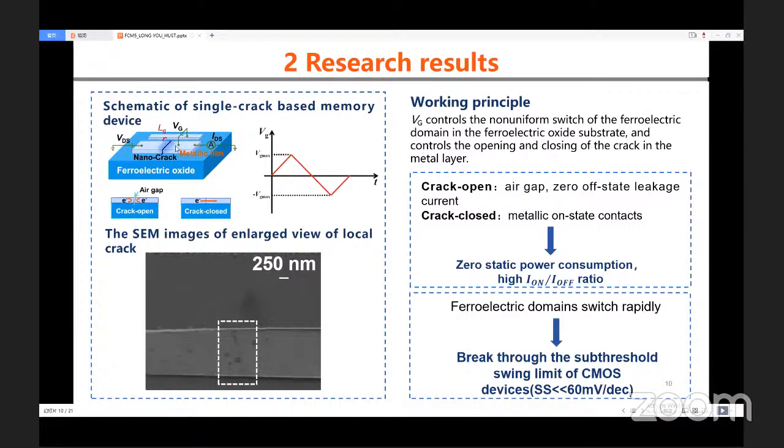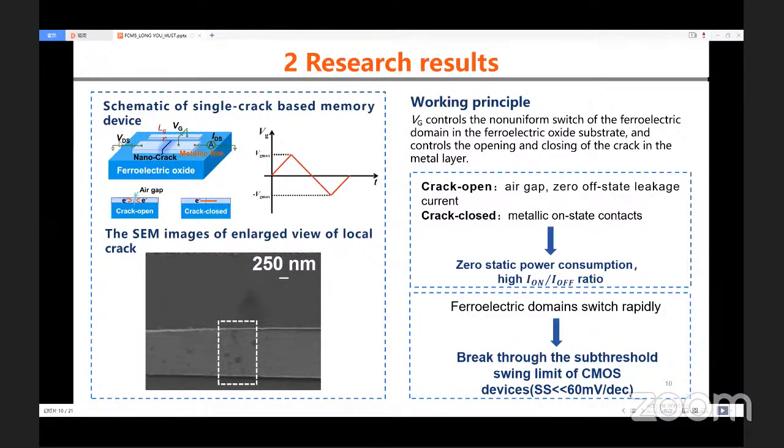The voltage Vg is responsible for inducing the crack formation and controlling the crack switching. We applied the triangular voltage waveform to induce a crack. After the crack is induced in the oxide layer, it will extend into the metallic thin film and reversibly switch in the film.